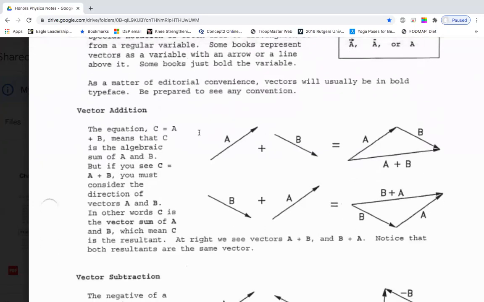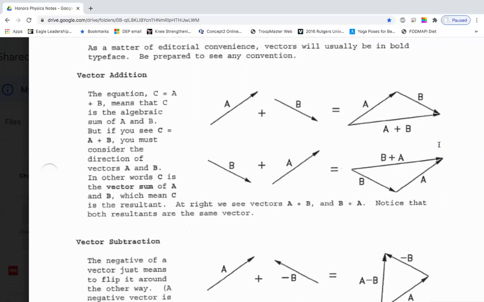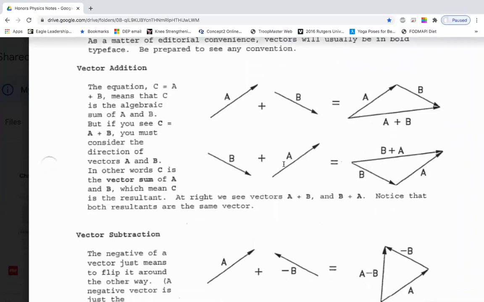Okay. Now, let's try this example. Here's a vector A, and here's a vector B. What would it look like if we wrote this as a problem and you had to add them up? Graphically, you would put A and B tip to tail and see that this is A plus B. If I did B plus A, I'd use B first, then A, and I'd still get the same vector.